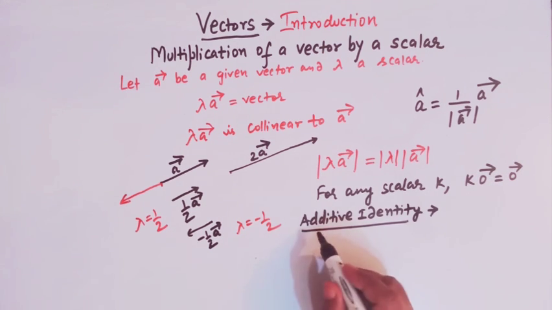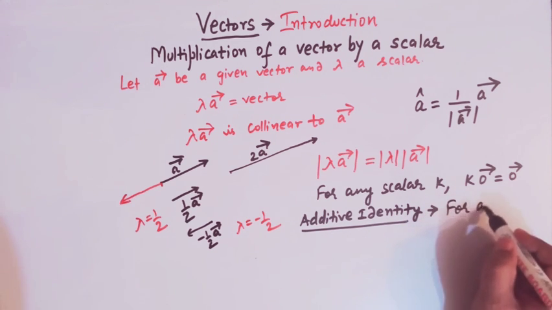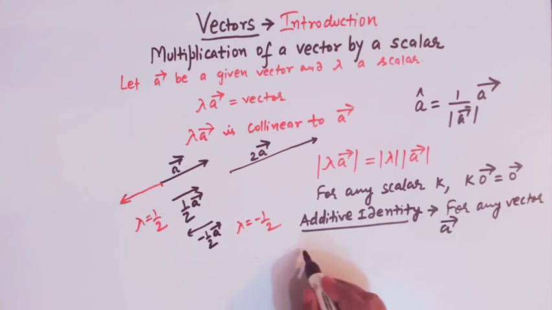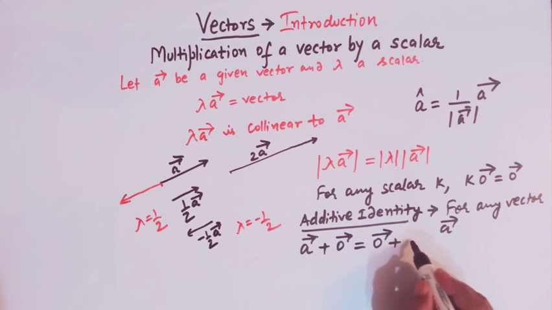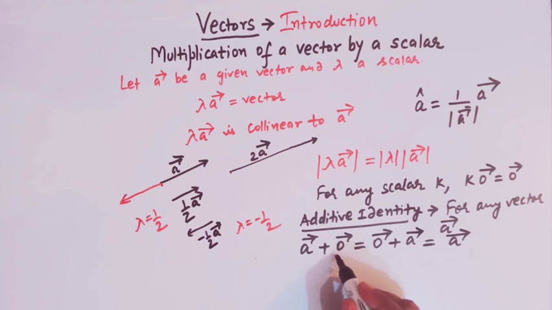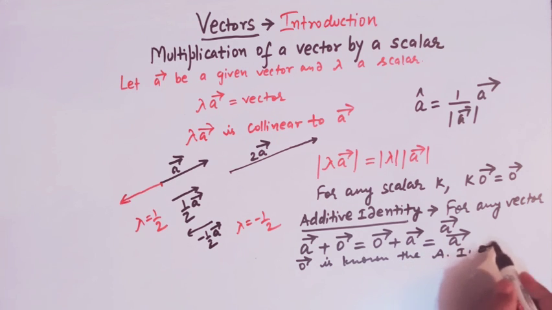Now let us consider the concept of additive identity. Now for any vector A, we know that the sum of vector A and 0 vector, or the sum of 0 vector and vector A, is always equal to vector A. So 0 vector is known as the additive identity of vector addition, right?